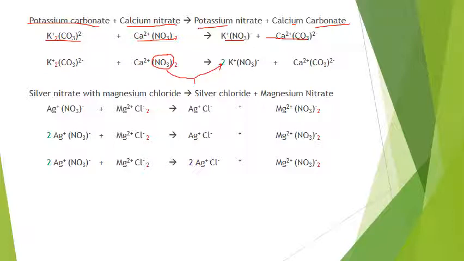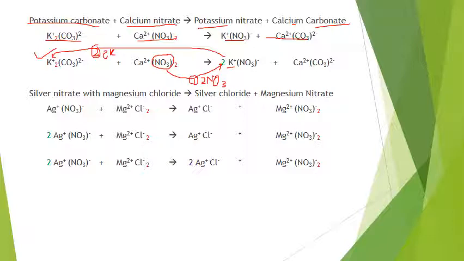So the first thing is to get two nitrates. Then the next thing I would do is check my potassiums. I have two Ks, so I come over here, second thing, two Ks, and it's done. And so this is the balanced equation.